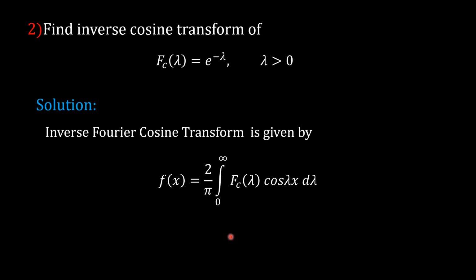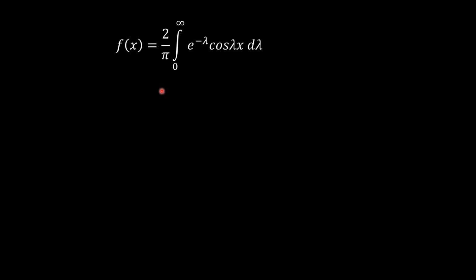Replace the value of epsilon lambda. So epsilon lambda given is e raised to minus lambda for lambda greater than 0. Now replace it in the above expression. So it becomes f of x equal to 2 upon pi integration from 0 to infinity e raised to minus lambda cos lambda x d lambda.